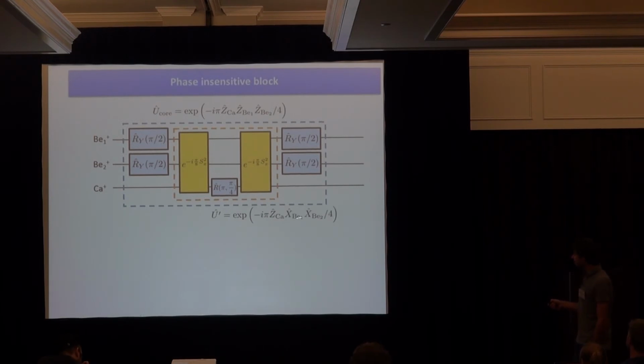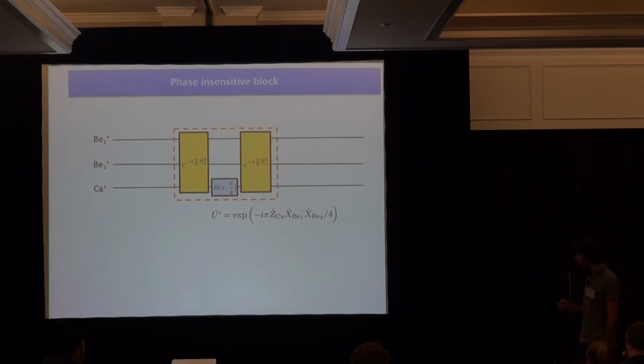As you can see, this small bit here does a phase shift on calcium based on the XX parity of the beryllium ions. So ideally, we could even measure the XX stabilizer by just putting a Ramsey sequence around here on calcium and having only this orange block. There is a good reason why we don't do that, and this is the one.